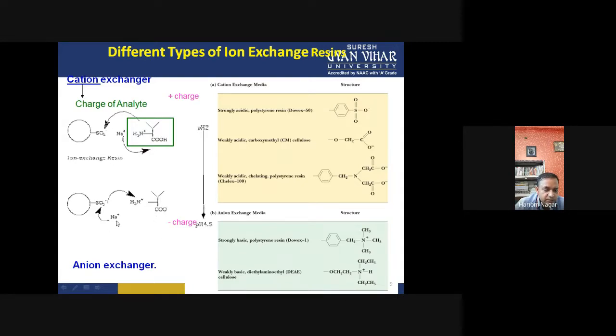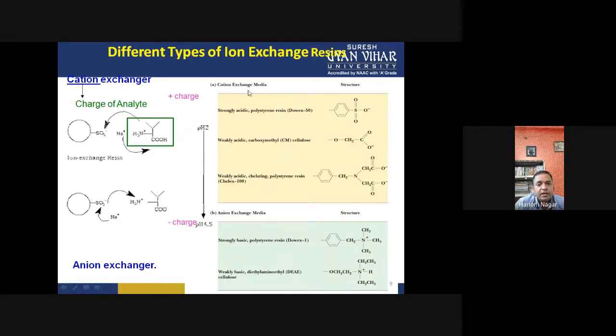And further, this compound is displaced by this ion at this pH value of 4.5. So there is exchange of the ions in the ion exchange bed at different pH values.